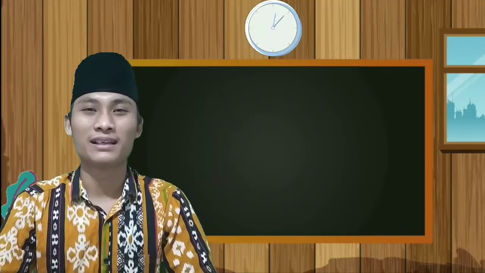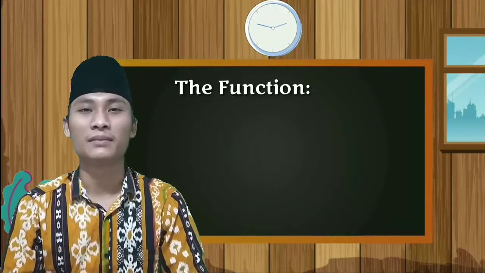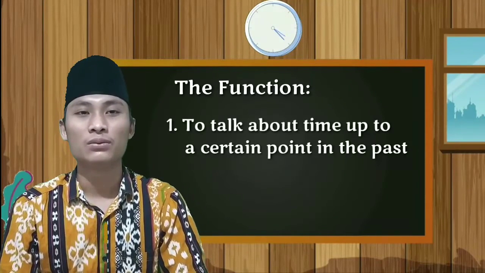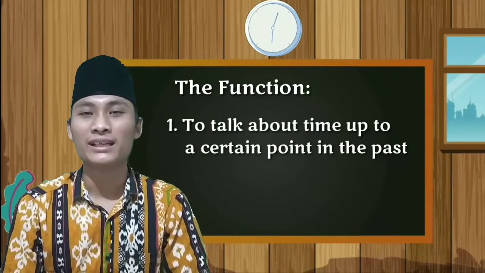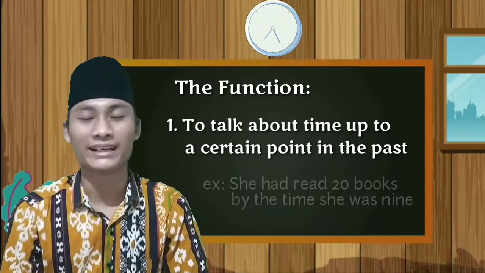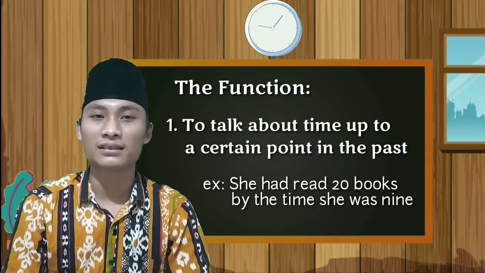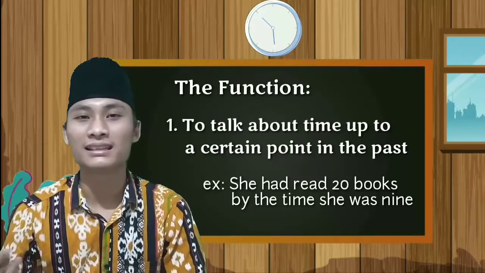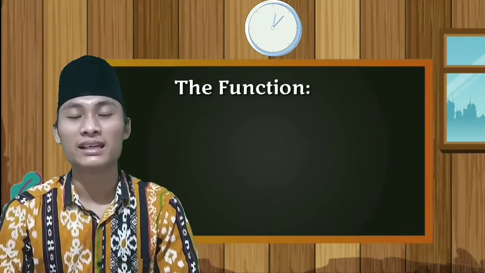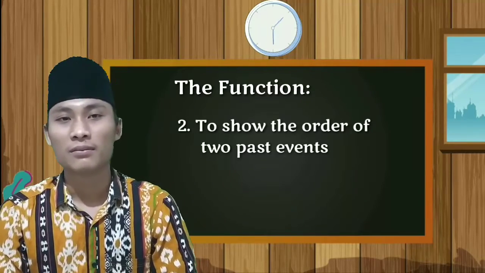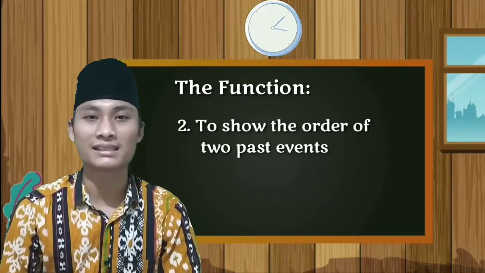Next, I will explain the functions of the past perfect. Number 1, to talk about time up to a certain point in the past. For example, she had read 20 books by the time she was 9. The second function of the past perfect is to show the order of two past events.